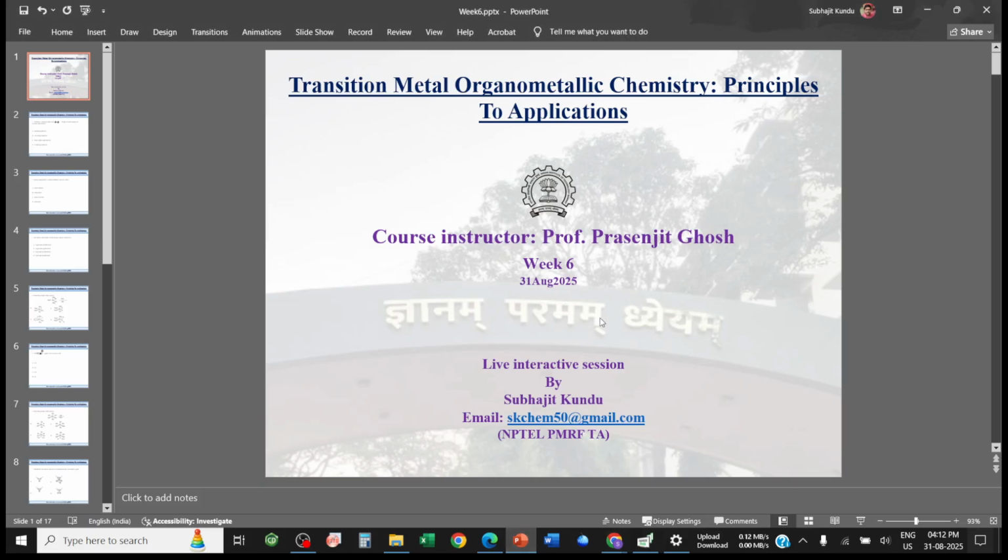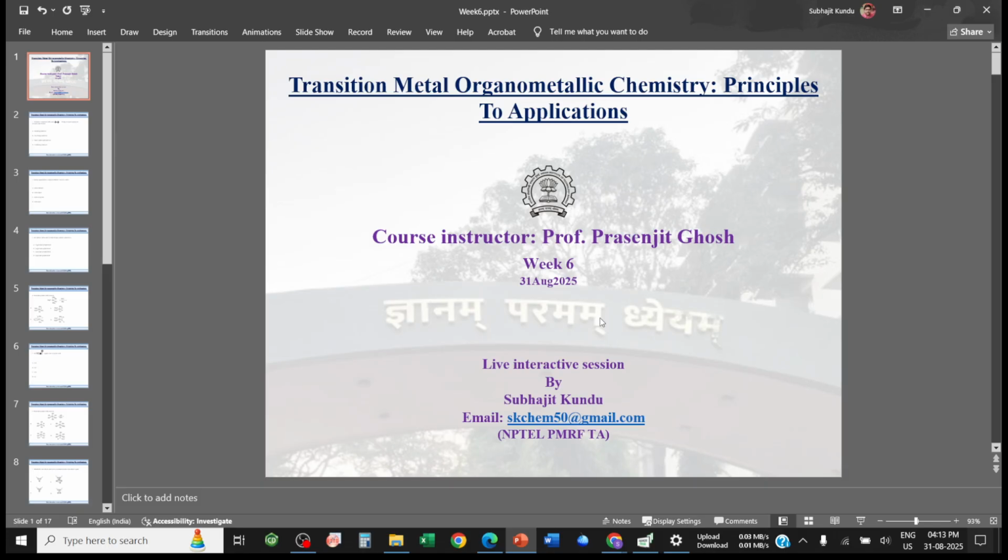In week 6 we completed our C-C activation followed by C-F activation, and we moved to our second ligand system, the transition metal alkene system or alkyne system.